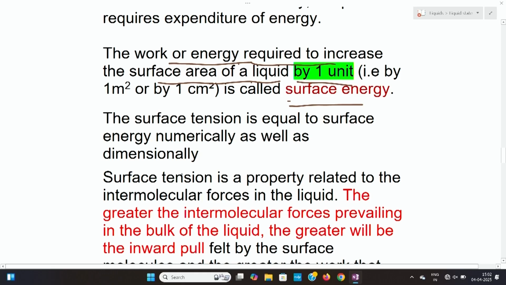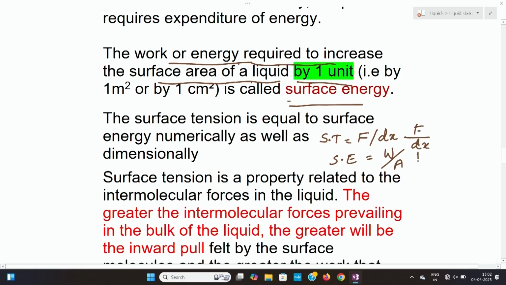We say that the surface tension is numerically as well as dimensionally equal to surface energy. That is, the surface tension is nothing but the force per length, and surface energy is work per area. That means here it is force by dx.